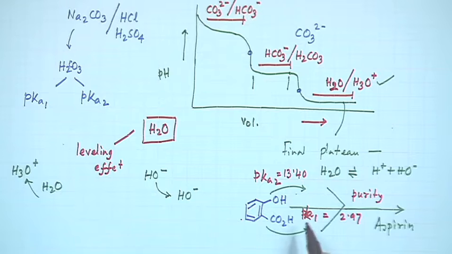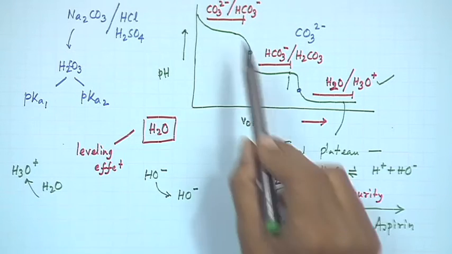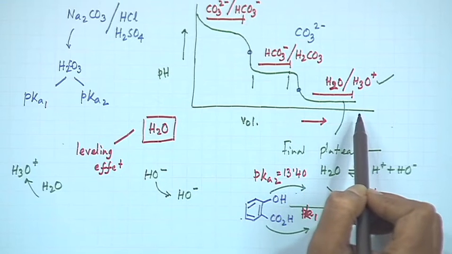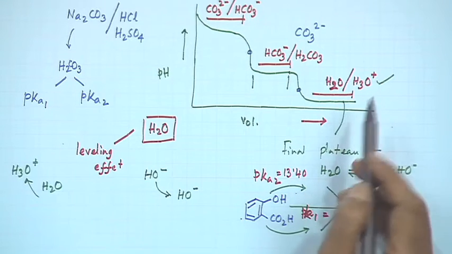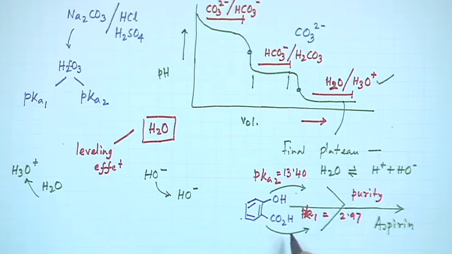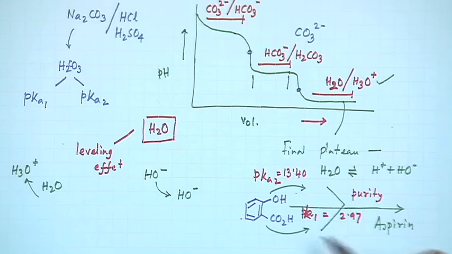That means we will go for neutralization of only this carboxylic acid end, not both ends. So, the determination of the amount of carboxylic acid found in a sample of salicylic acid will tell us the purity of this salicylic acid for the preparation of aspirin.